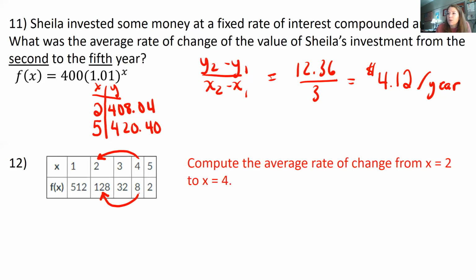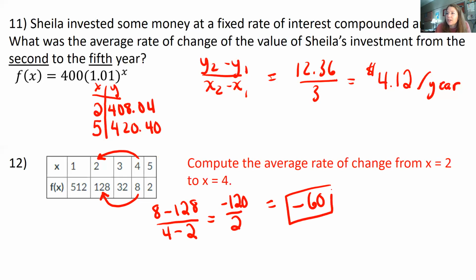So our second y value is 8 minus our first y value, over our second x value, 4, minus our first x value. So I know the denominator is 2, and then the numerator is going to be negative 120. So now negative 120 divided by 2 would be negative 60.